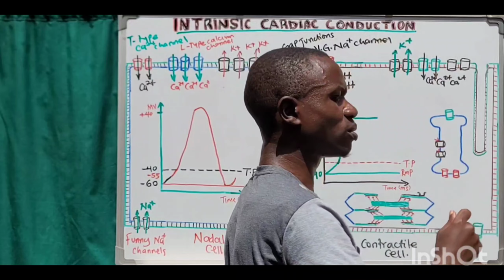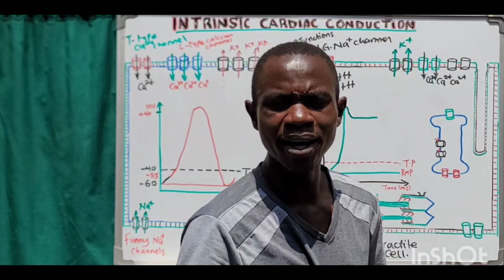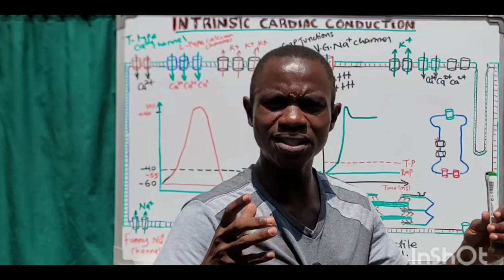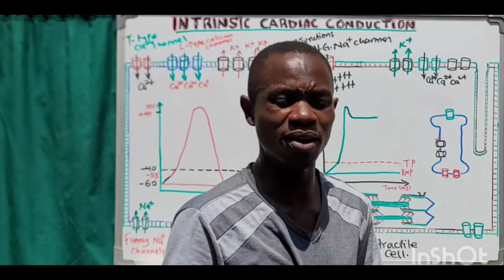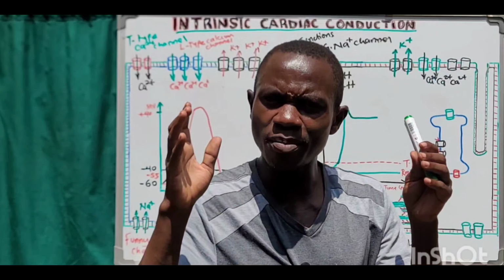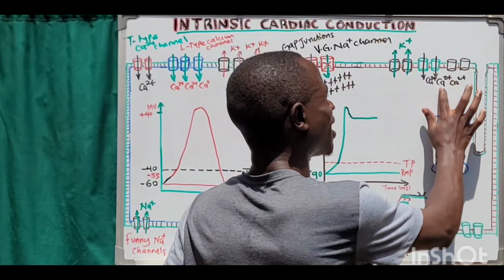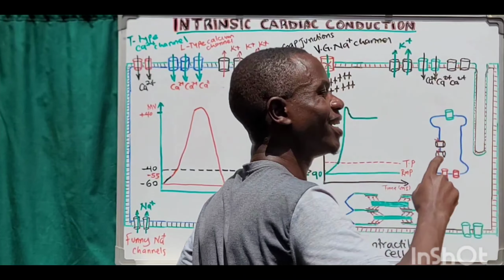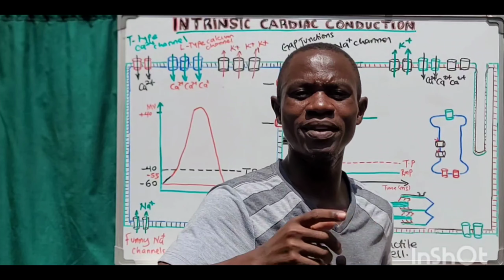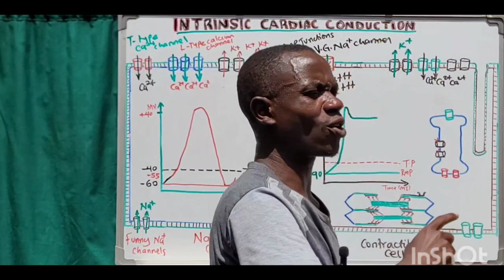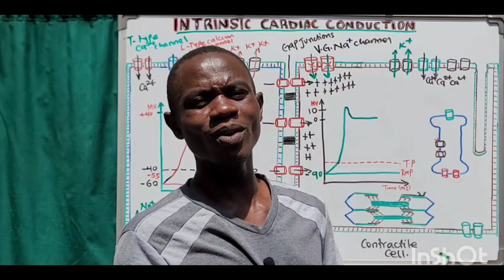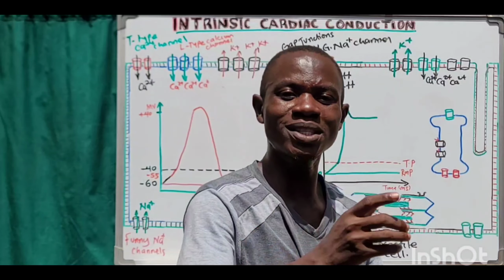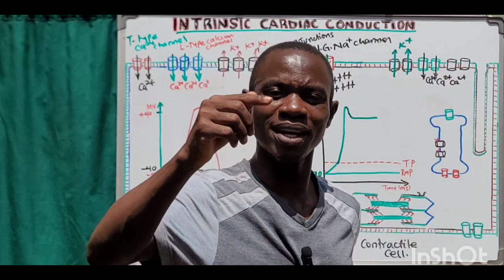This structure here is what we call the sarcoplasmic reticulum. It has a lot of calcium ions inside it. But what becomes funny is that the calcium which has just entered this cell is going to be inducing the release of the calcium which is residing in the sarcoplasmic reticulum. Calcium is going to be inducing the release of calcium.